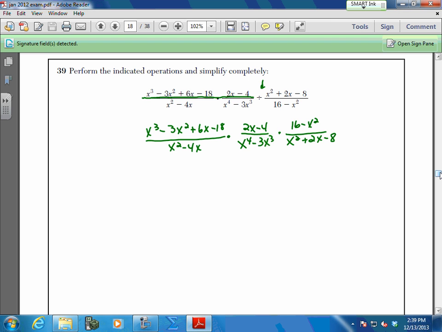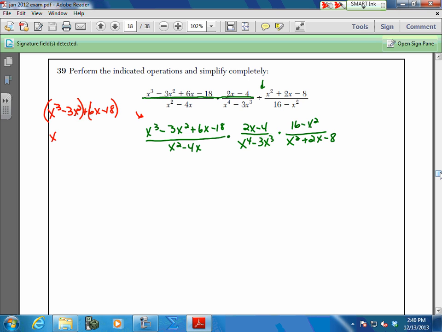Now, your goal is not to cross out terms, but to factor and reduce. So if we go to factor this first part here, you notice that they do not have anything in common. So we're going to group. Out of this first group, anything with 4, you can try grouping.